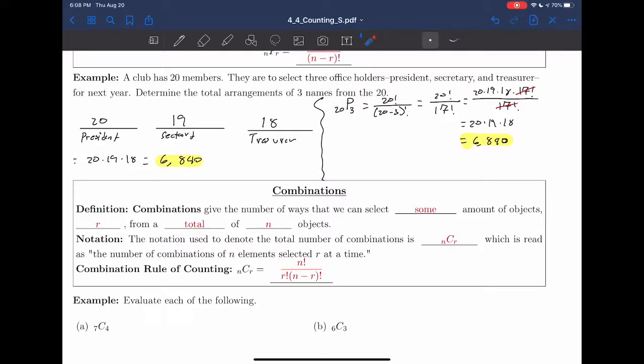And this is read as the number of combinations of n elements selected r at a time. And similarly with permutation, we have a combination rule of counting. So to compute this, it will be n factorial over r factorial times (n minus r) factorial.